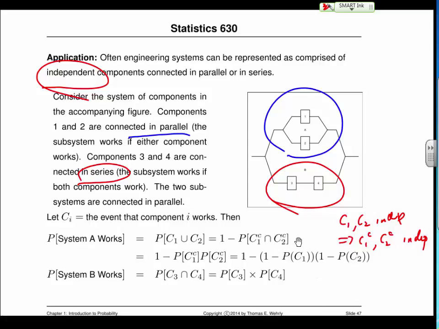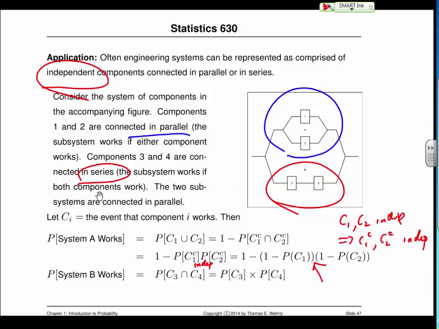So independence will give us that the probability of the intersection is equal to the product of the probabilities. And then we make use of the fact that the probability of the complement is 1 minus the probability of the original event. So in terms of the original event, the probability that the system works is 1 minus P of C1 times 1 minus P of C2.